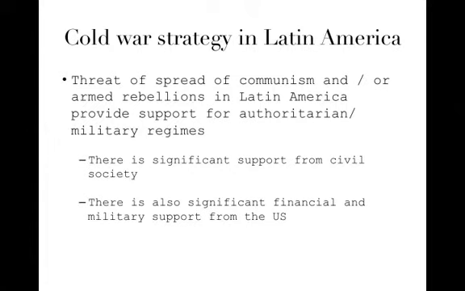This is important because the two will occasionally conflate. There might not be a threat of communism, but there'll be a threat of armed rebellion, which will be the same thing in terms of the military response in specific countries.